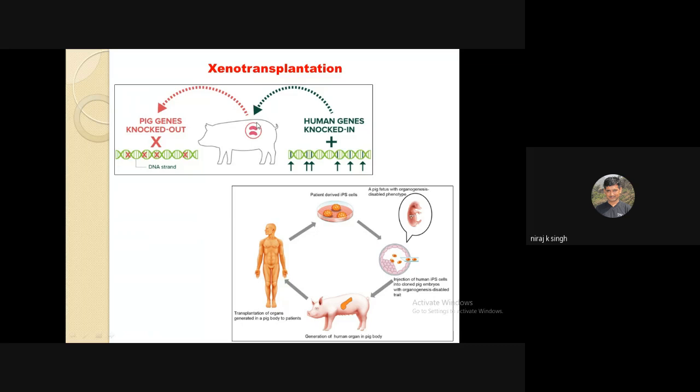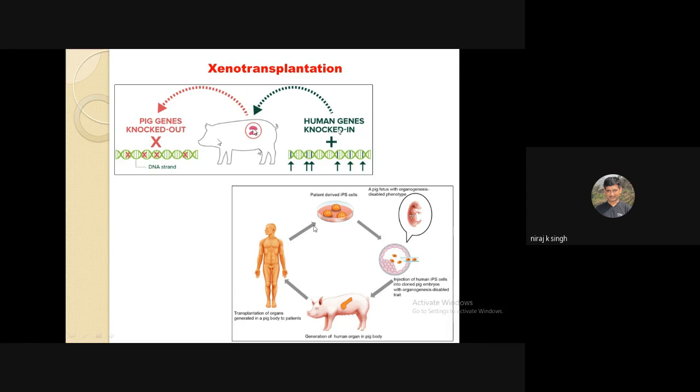What is a humanized pig? In a humanized pig, the MHC, major histocompatibility complex, of the pig is removed and the MHC of human beings is incorporated. So this pig does not have the MHC of pig, but it has the MHC of human beings.